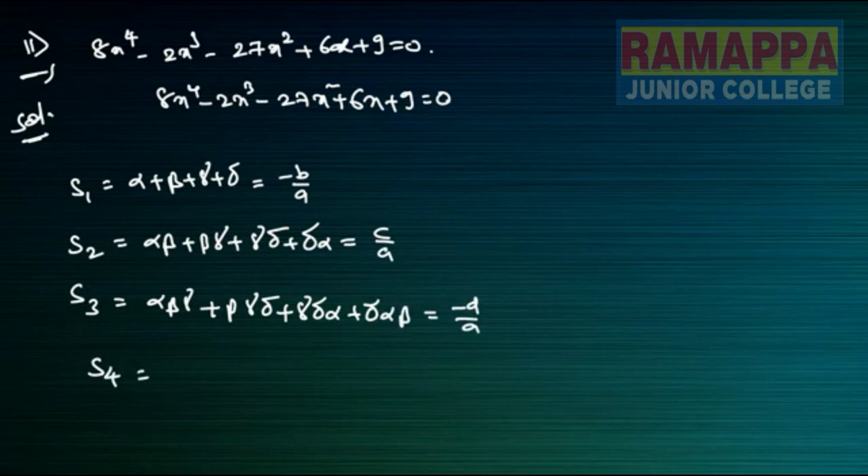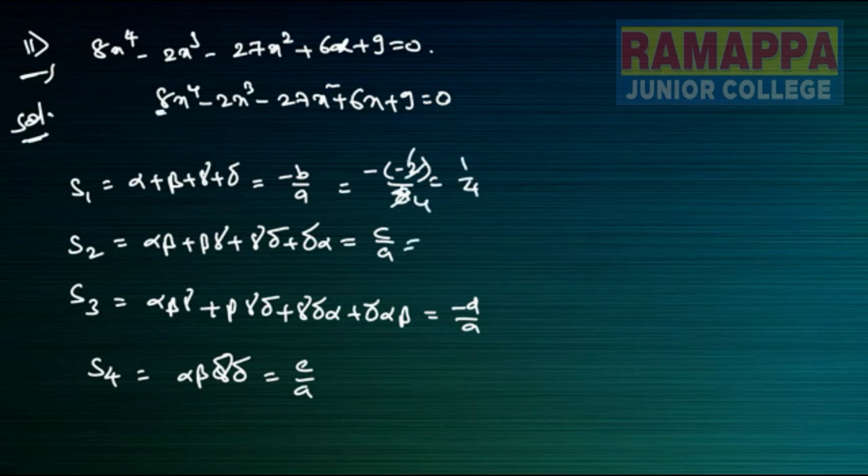S4 is alpha beta gamma delta, which is e by a. So minus b by a is minus of minus 2 by 8, which is 1 by 4.